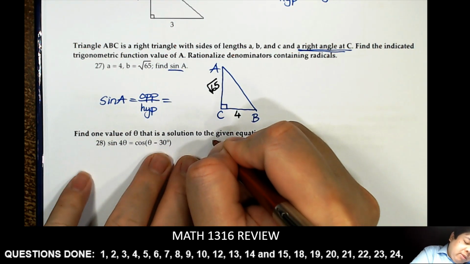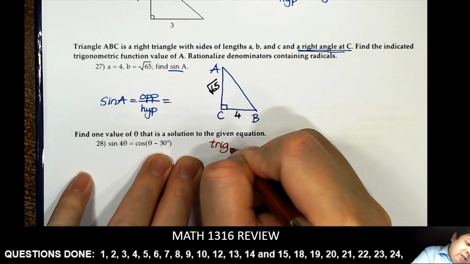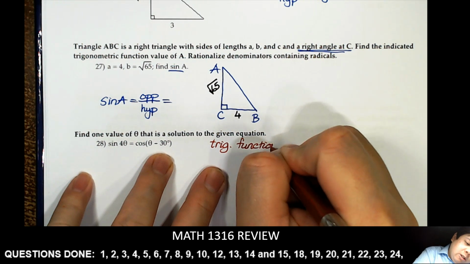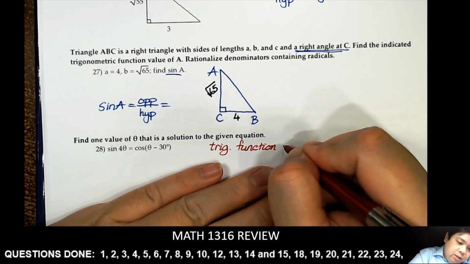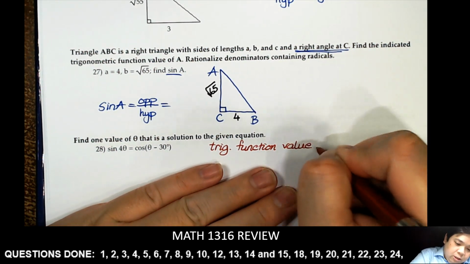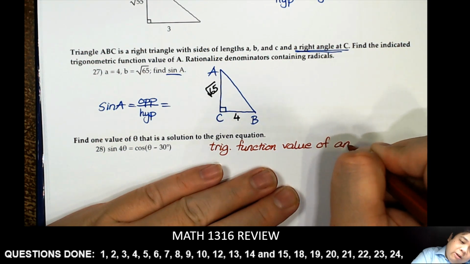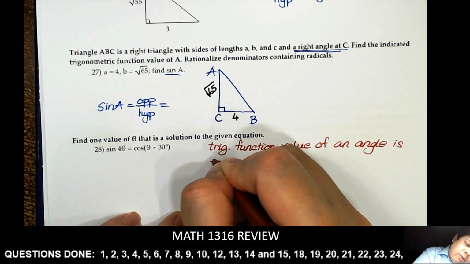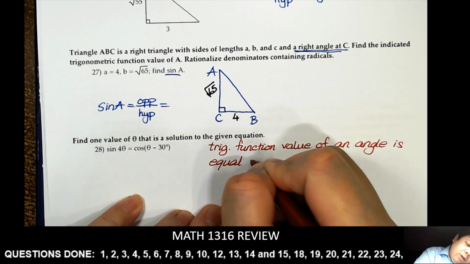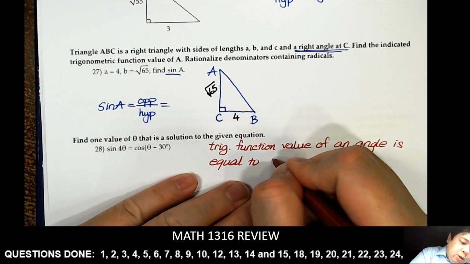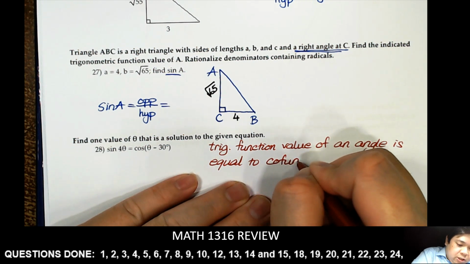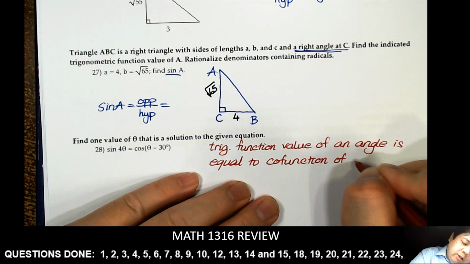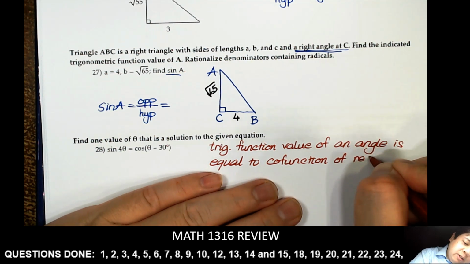So we say a trig function value of an angle is equal to the cofunction of the reference angle.